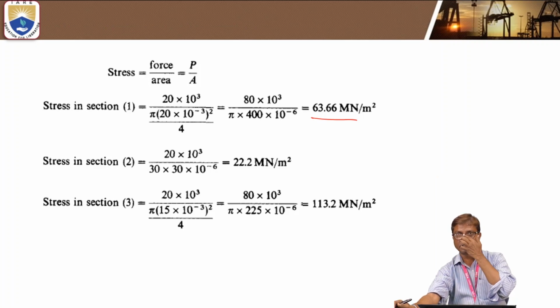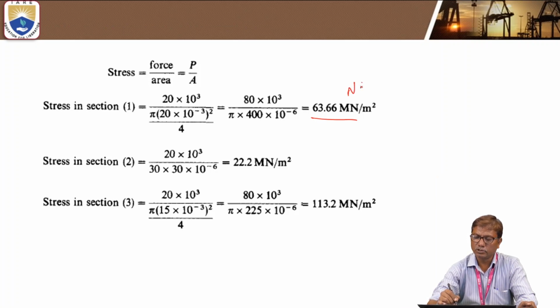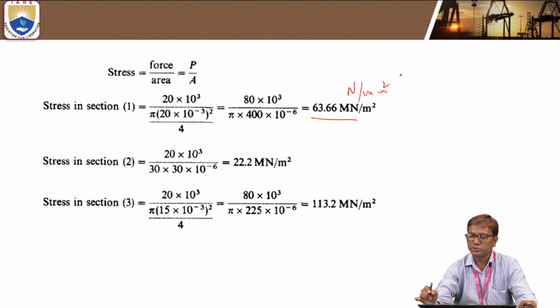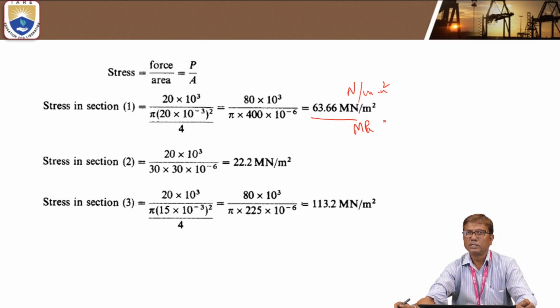Finally, meganewton per meter square means Newton per mm square. Okay. It is also written as megapascal. 1 pascal is 1 Newton per meter square.